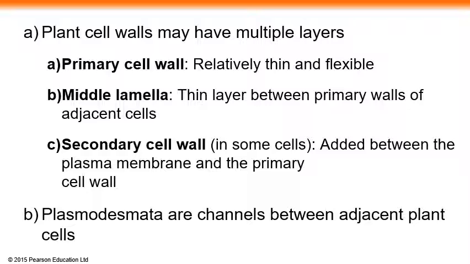But there are tiny channels connecting one cytoplasm through the cell wall to the next cytoplasm of the plant cell. Those tiny channels connecting one cytoplasm to another through the plant cell wall, we call plasmodesmata.